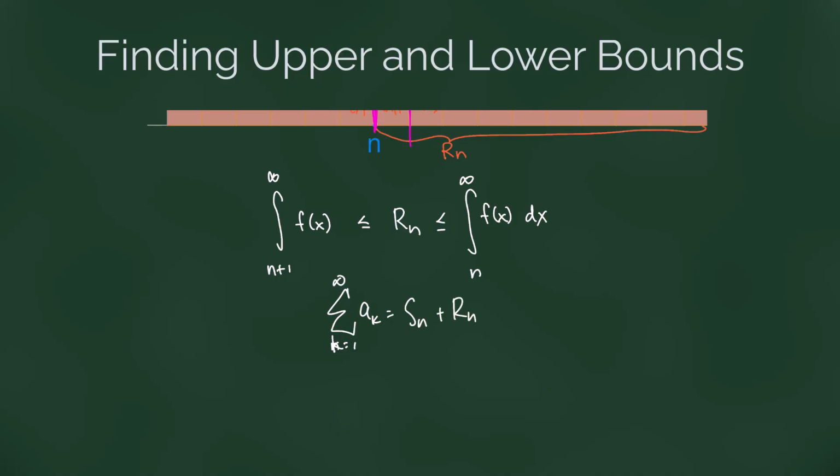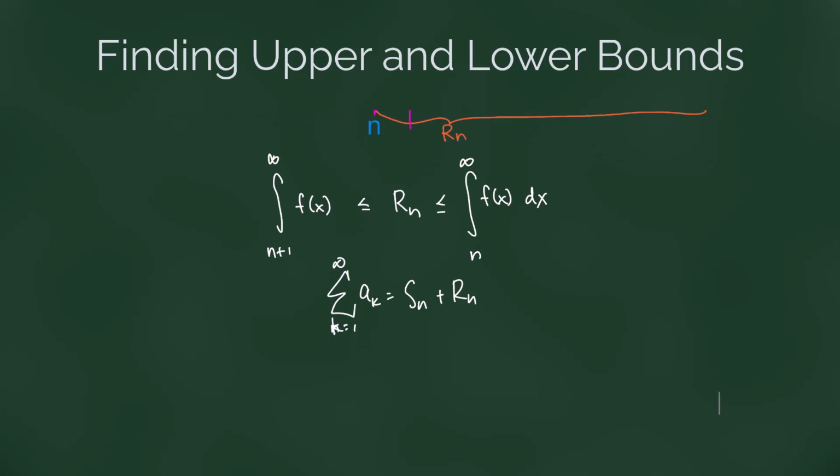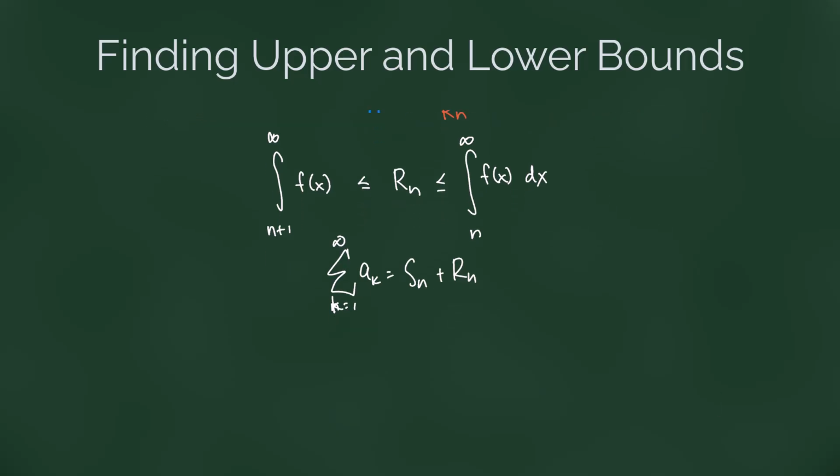So we can add s sub n, our nth partial sum, to all the terms in our inequality, and we get that s sub n plus the integral from n plus 1 to infinity of f of x is less than or equal to s sub n plus r sub n, which is less than or equal to s sub n plus the integral from n to infinity of f of x dx.